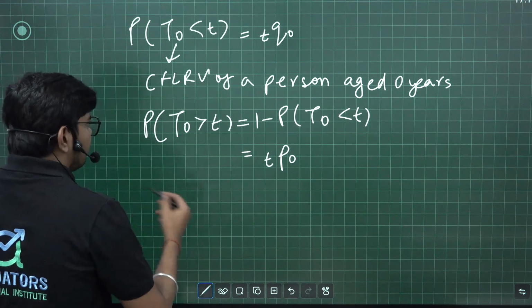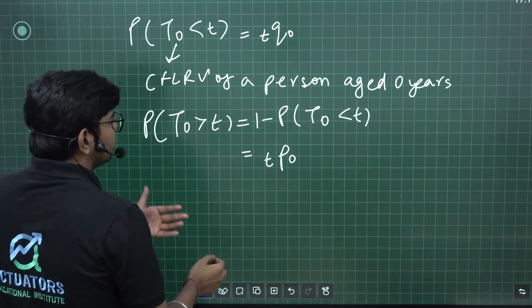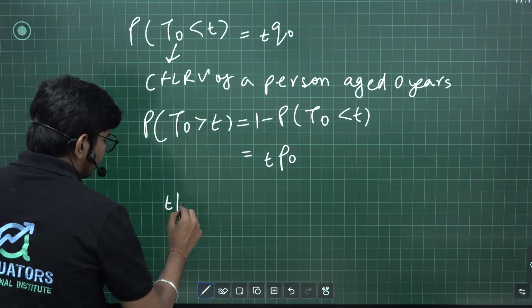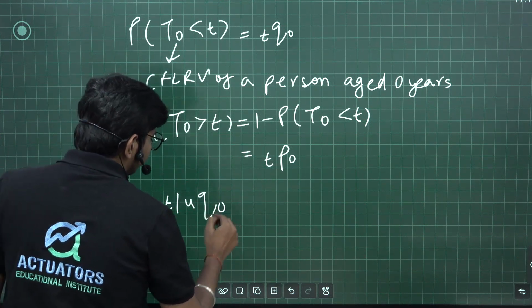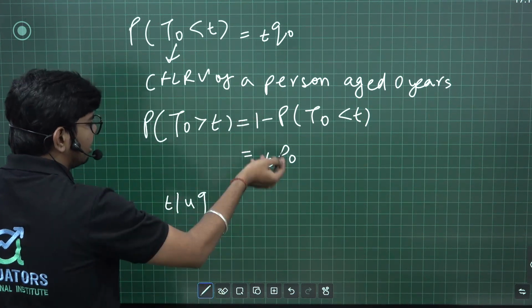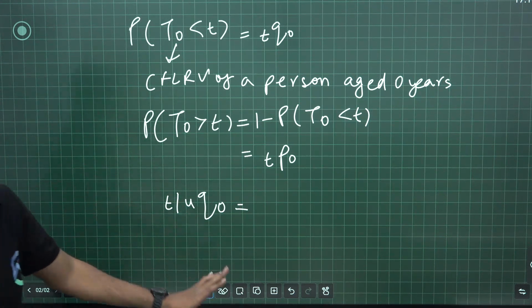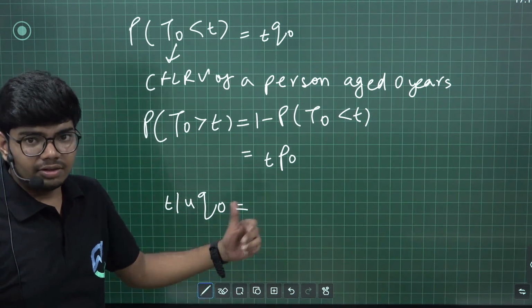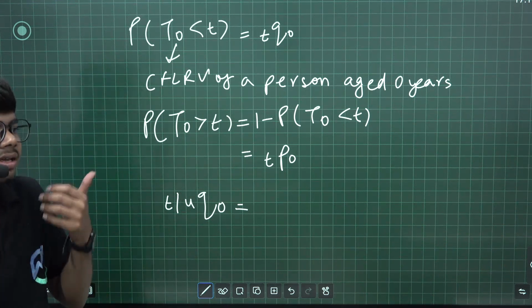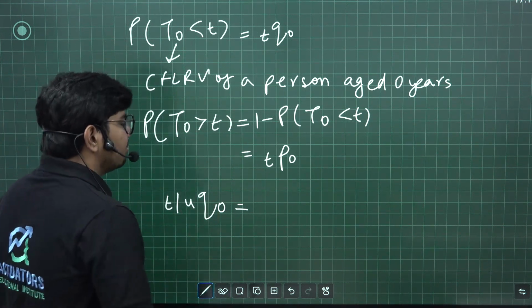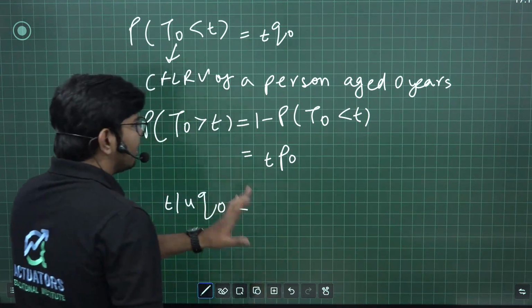Now you have a third notation as well, which is nothing but a combination of these two notations, which is t deferred u q0. This is nothing but an extension of these two notations. Now this notation definitely looks very overwhelming. The first time I saw it, I was very overwhelmed by it, and to be honest, you should be overwhelmed by it. But it can be made very easy.